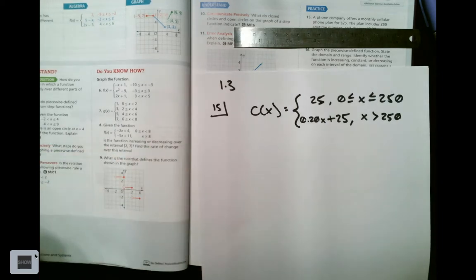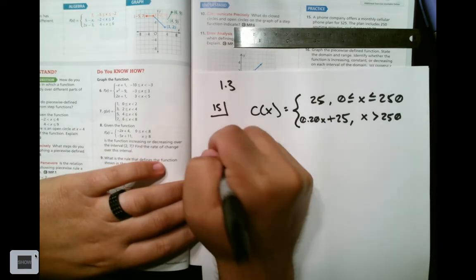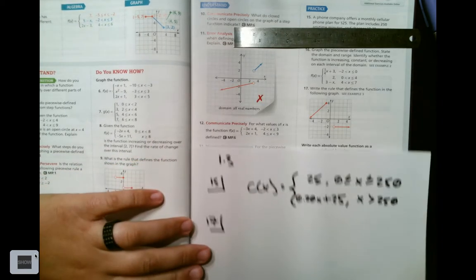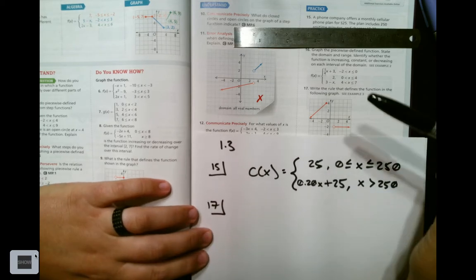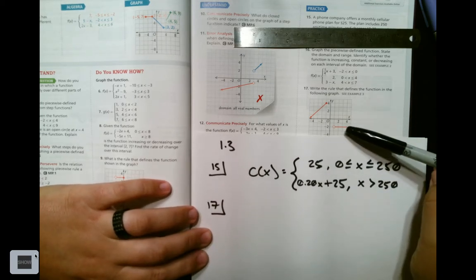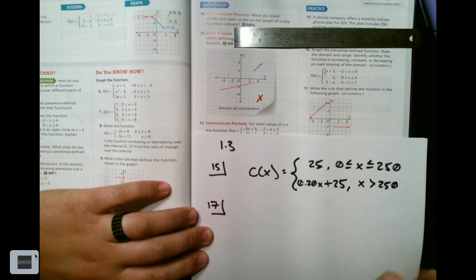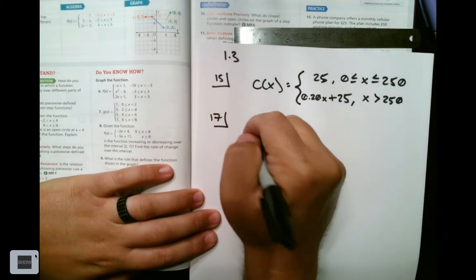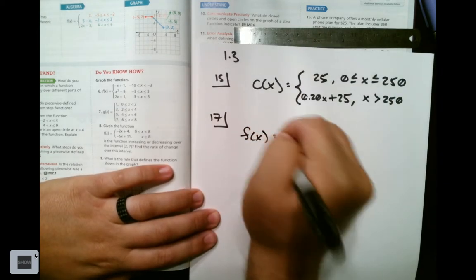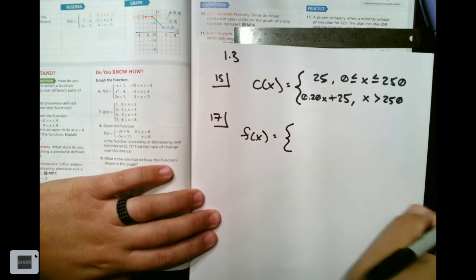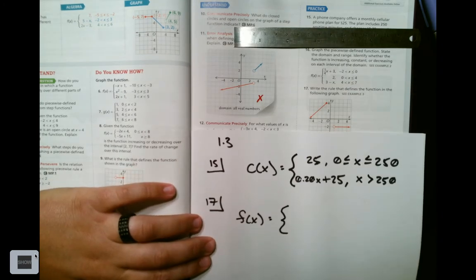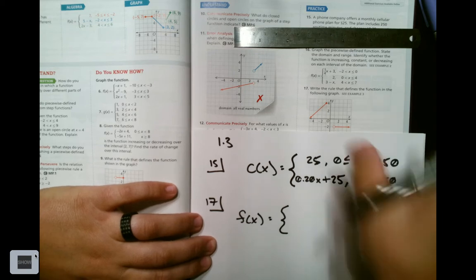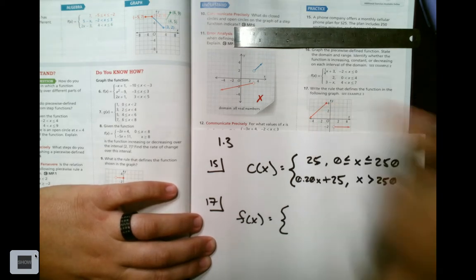So for number 17, one of the 2 equations, it doesn't tell us what to name it, so you can call it whatever you want. It doesn't matter. I mean, f of x is my go-to, so that's what I'll use. Again, we see 2 lines, so we know it's 2 separate equations. Doesn't really matter which one you put first. We'll go ahead and put the one on the left first.